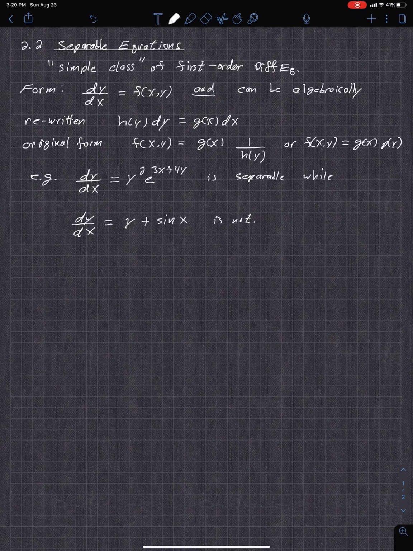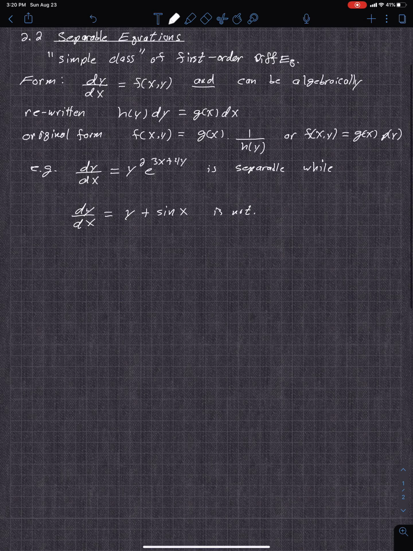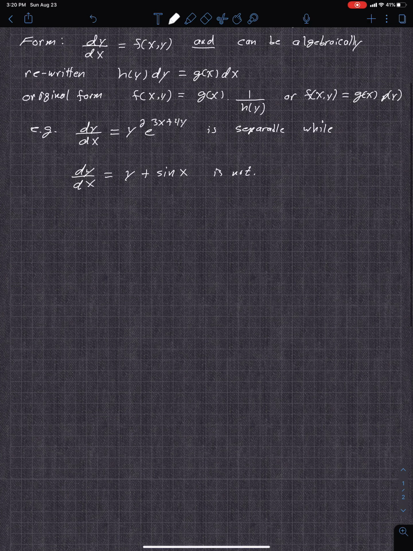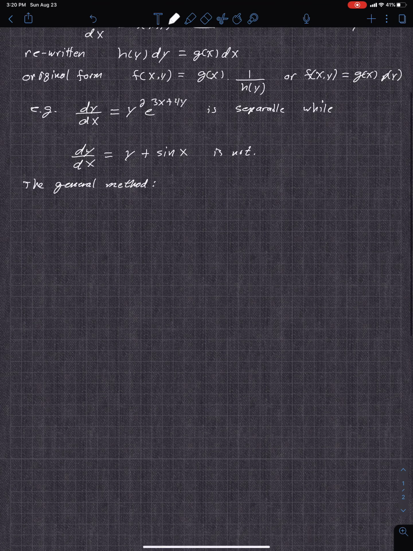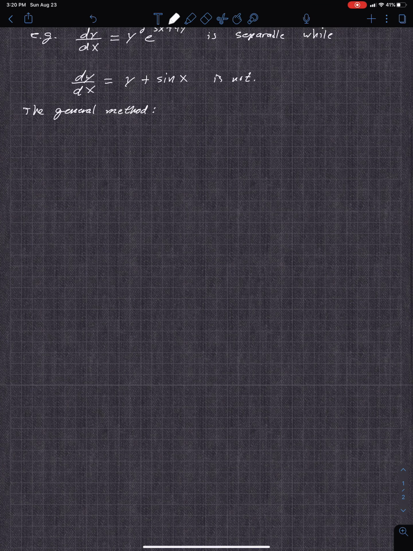All right, so let's look at just the general method to solve separable differential equations. It's given by this. If you have dy/dx equal to f of x, y, then you need to be able to manipulate it like this.